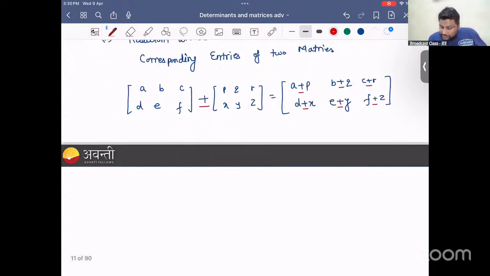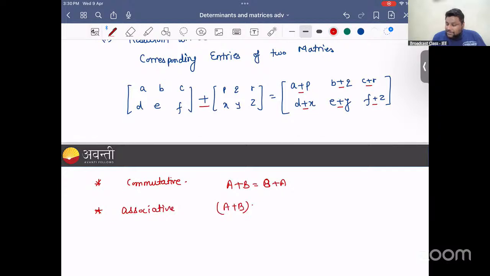Now, one or two more simple properties about it. Matrix addition is commutative. Commutative means A plus B is B plus A. Second, addition is associative. That is, (A plus B) plus C is A plus (B plus C). So that won't make any difference. Got it?